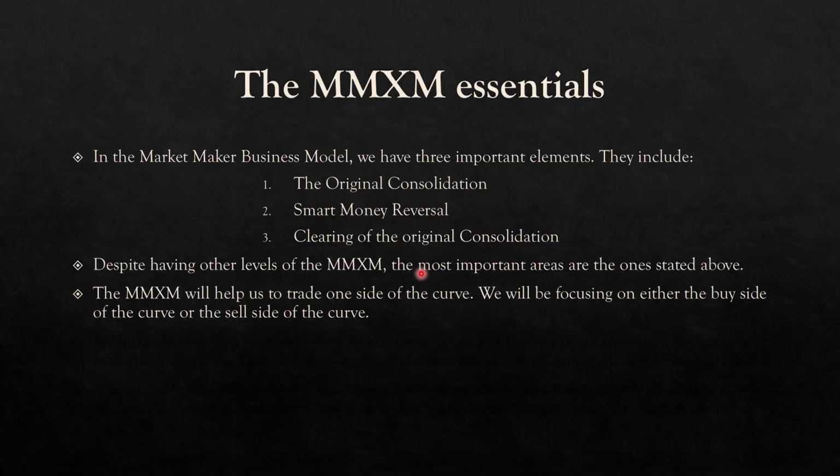The market maker business model, MMXM, will help us to trade on one side of the curve, like I mentioned. We'll be focusing on either the buy side of the curve for a market maker buy model, or the sell side of the curve for a market maker sell model, with anticipation that the original consolidation will be able to be cleared.